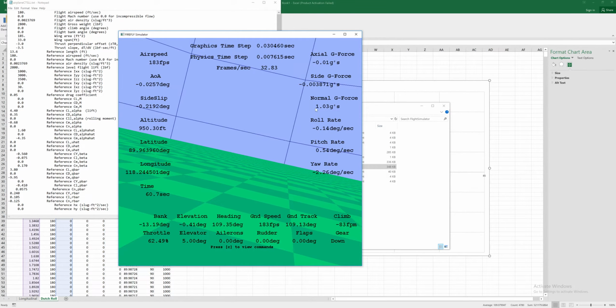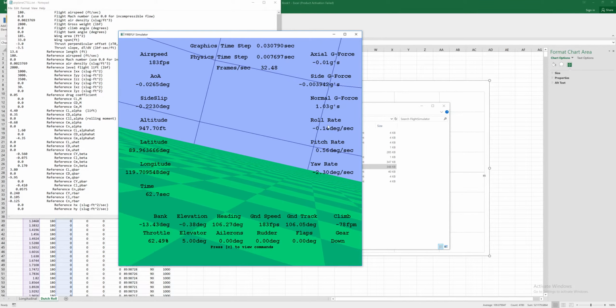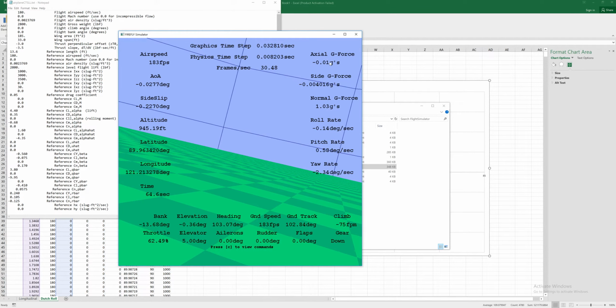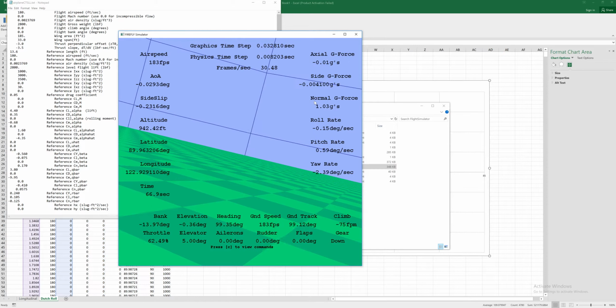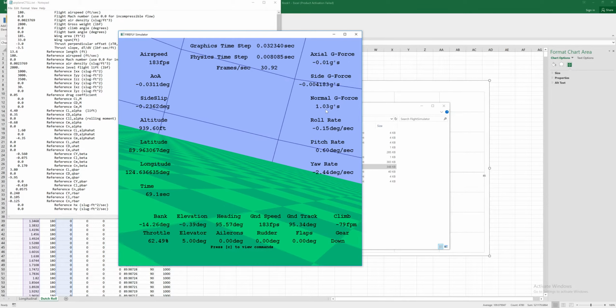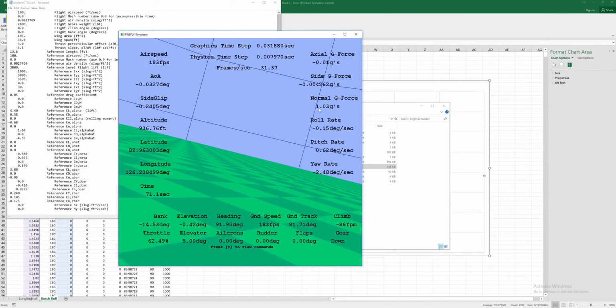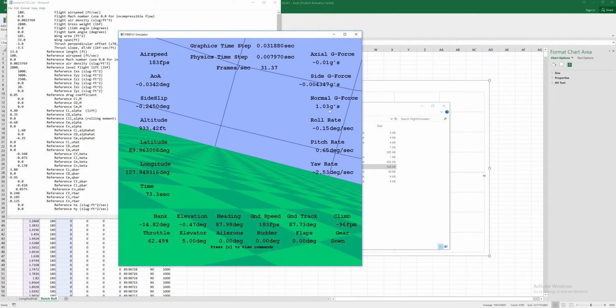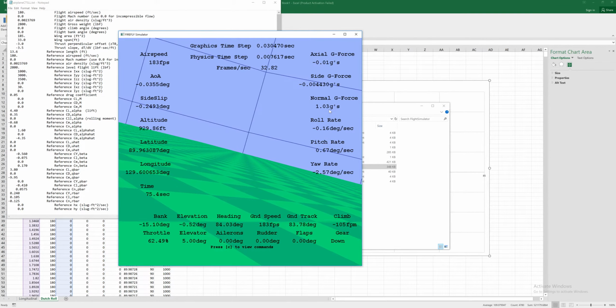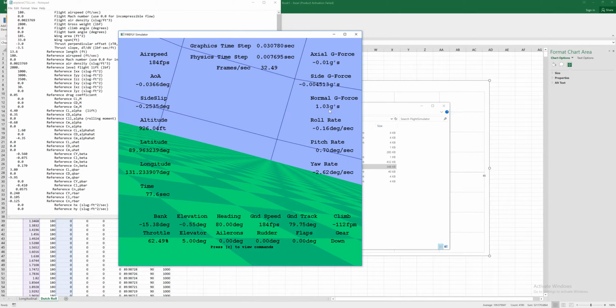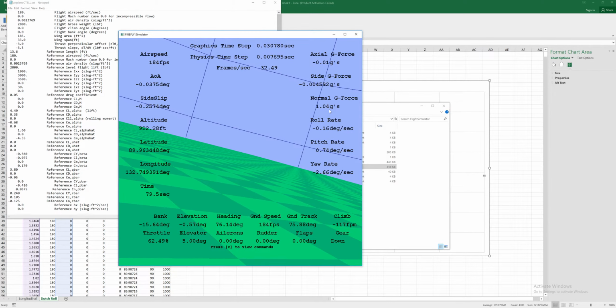One thing to notice over here is the G-force that the aircraft is experiencing. The normal G-force is usually right around 1 G. Well, you can see that the normal G's really haven't changed. And this is part of the danger of the spiral mode, if it's a divergent spiral mode, that the pilot isn't really going to feel this.